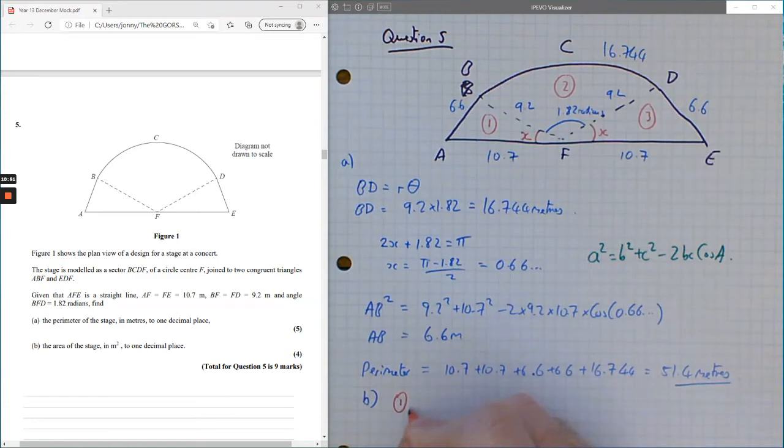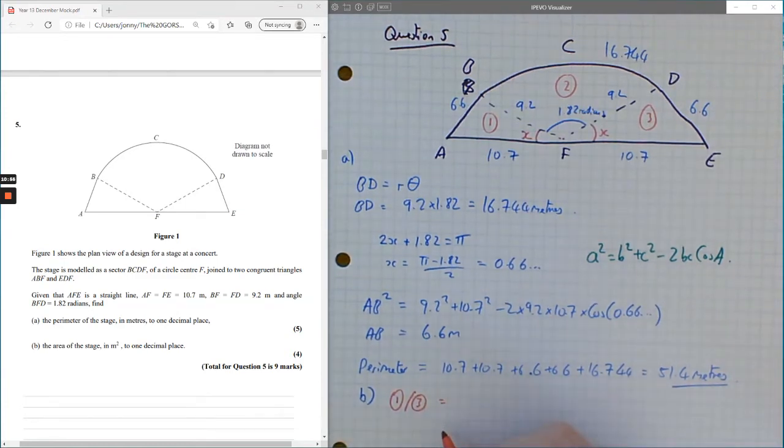So shape 1 and 3, we can get the area of those by using the formula for the area of a triangle, which is a half ab sine C. So this is 1/2 times 10.7 times 9.2 times sine x, which is of course that 0.66 angle that we found earlier, right?